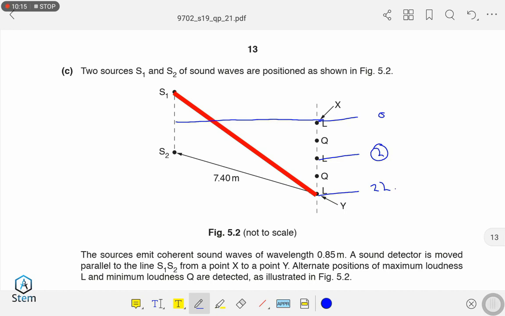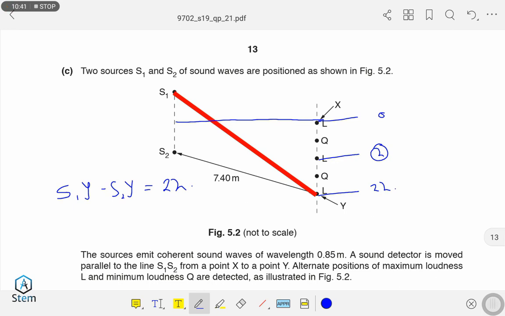The second maxima would be at a position that is 2 lambda phase difference. So if we say S1y minus S2y would be equal to 2 lambda.